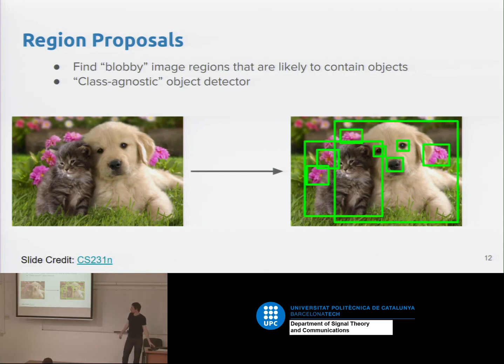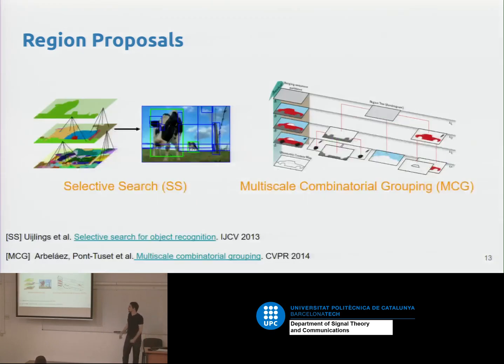So how do we make these region proposals? They can be made with selective search or MCG, multi-scale combinatorial grouping, which are hierarchical segmentation methods.